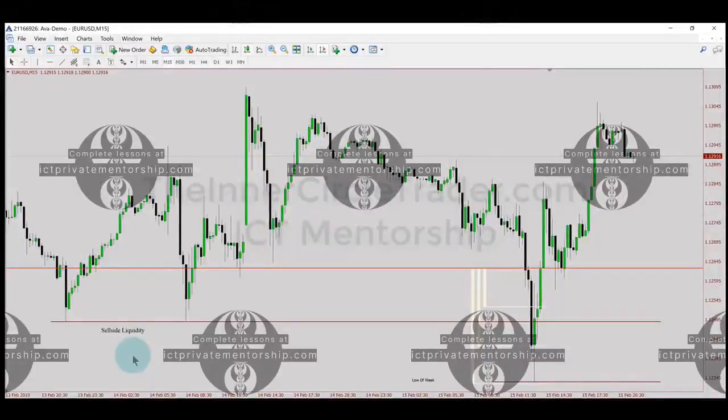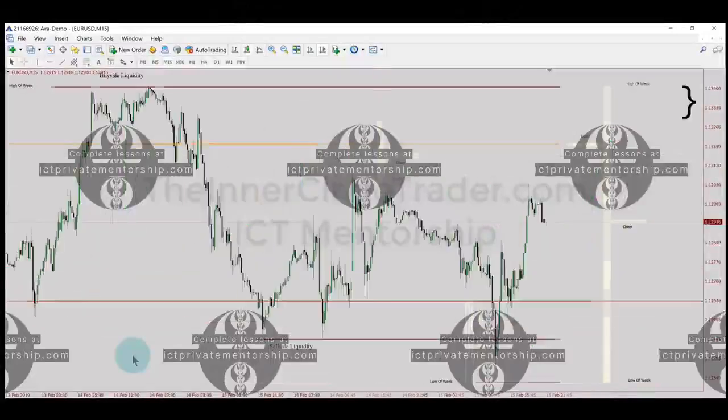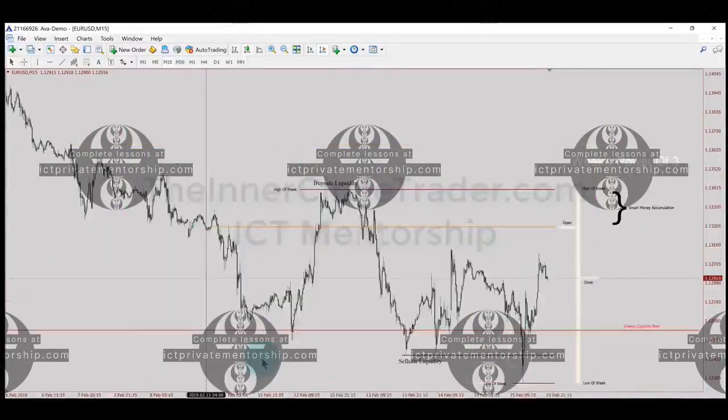So if we go back and we look at that idea of when the market is seeking that higher time frame draw on liquidity, which again is that weekly liquidity pool, from Wednesday down to here, we're above that opening price. So all up in here, we're close to, if not at the very high of the week.